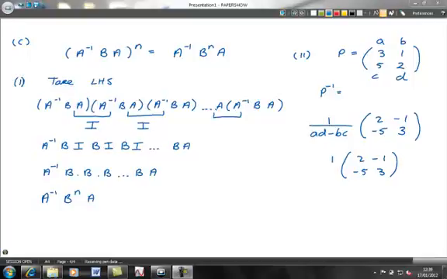Of course, that scalar 1 multiplies in, so now I know what P inverse is, and now you can move forward with the question.